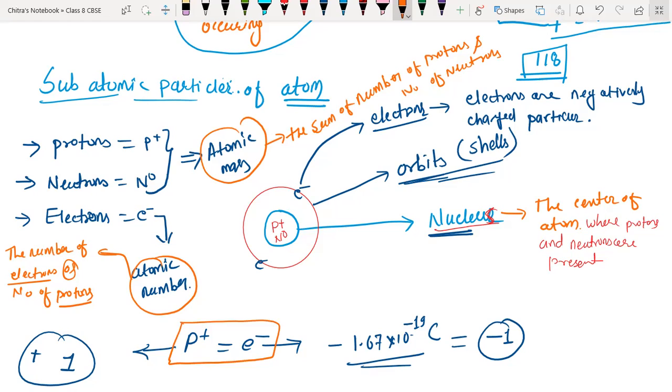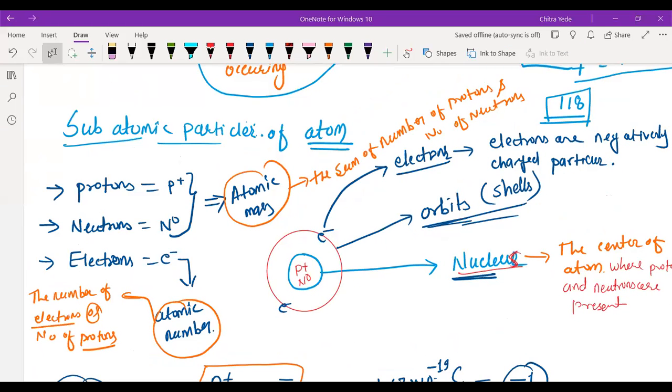It is the actual charge on an electron. That means the electric charge value, right? Yes, charge value. Okay, sir. 1.67 into 10 to the power minus 19 coulomb.